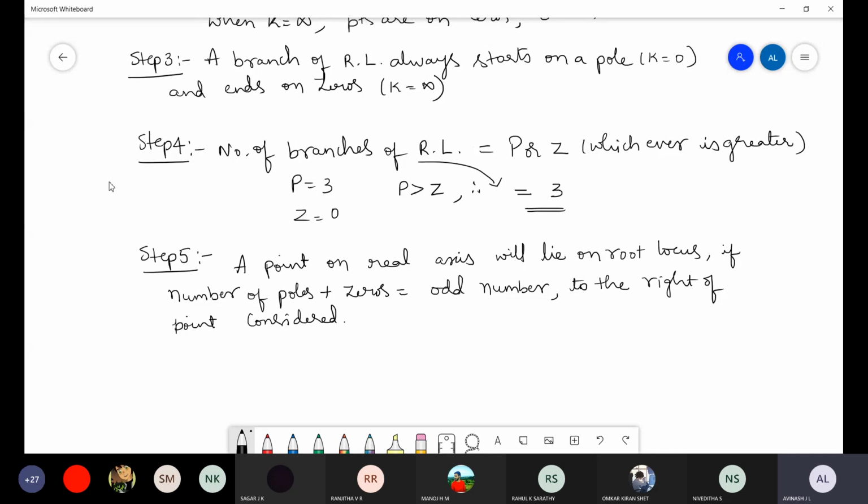So here, if you take the number of poles and zeros, the poles are 3 and the zeros are 0. So 3 plus 0 is 3, and 3 is an odd number. So there will be a point lying on the real axis. What is that particular point? We will see.